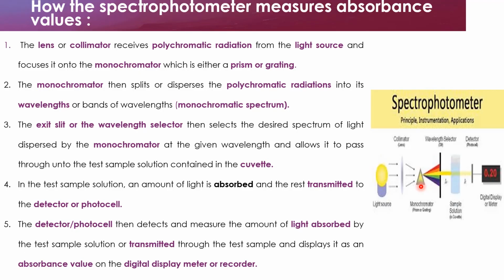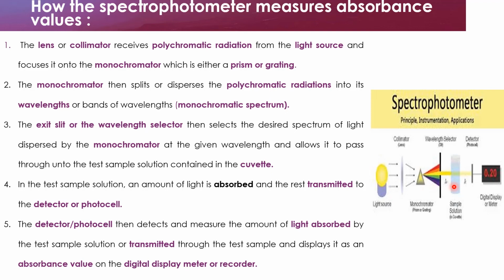Once this happens, the monochromator splits or disperses the polychromatic radiation into its wavelengths or bands of wavelength as a monochromatic spectrum, as shown here. The exit slit or the wavelength selector then selects the desired spectrum of light dispersed by the monochromator at the given wavelength and allows it to pass through onto the test solution contained in the cuvette.